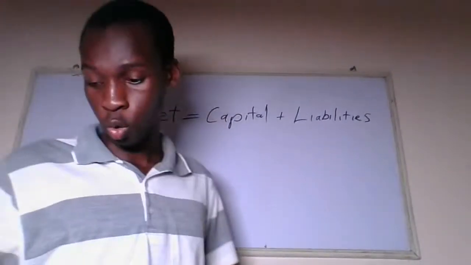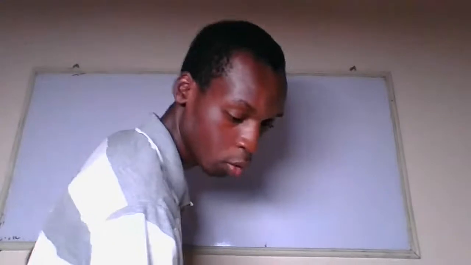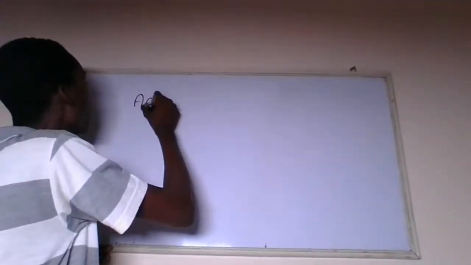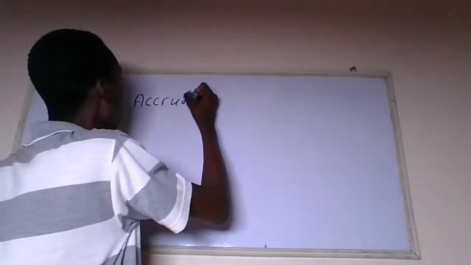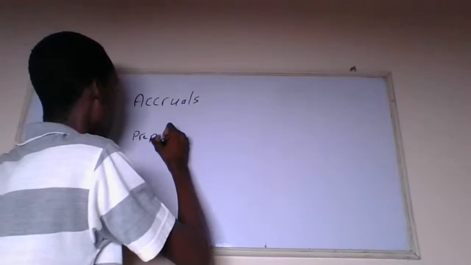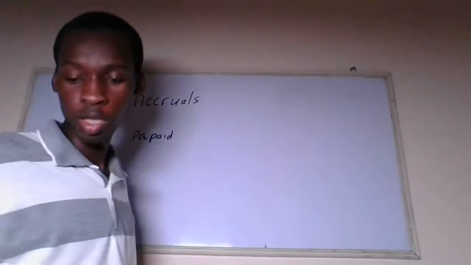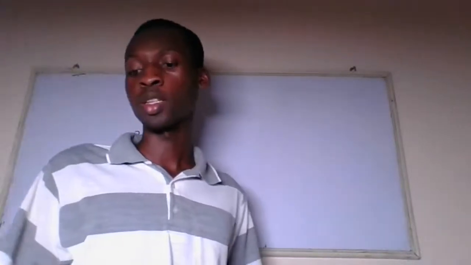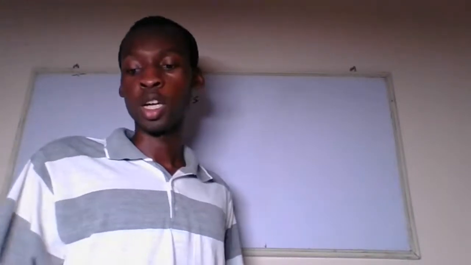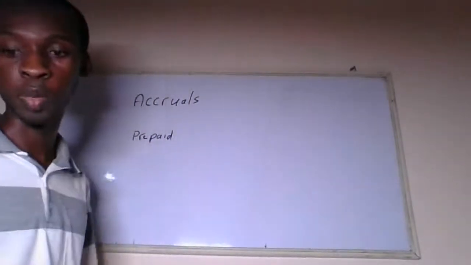And in the question they sent to your group, there's one very important detail that you should know before we start solving that question. We have accruals and prepaid. Basically, in any question that involves the income statement, they are always going to test you on your knowledge of accruals and prepayments.